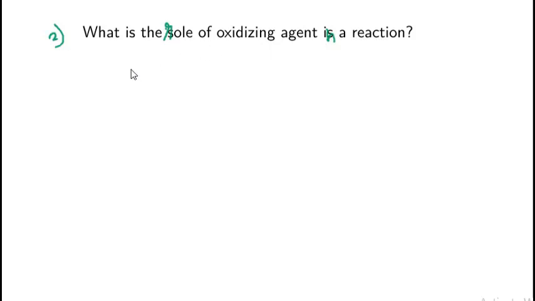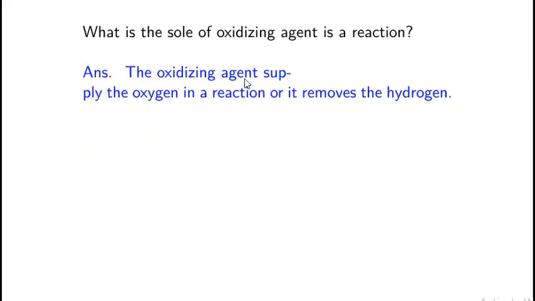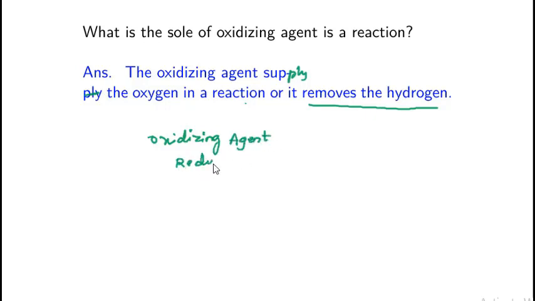So what is the work of any oxidizing agent in a particular reaction? The oxidizing agent is going to supply the oxygen in a reaction or it removes the hydrogen. So you know the oxidizing agent and reducing agent, right?